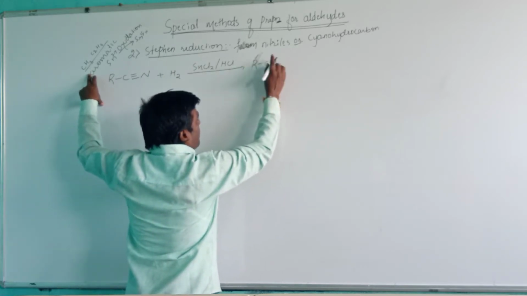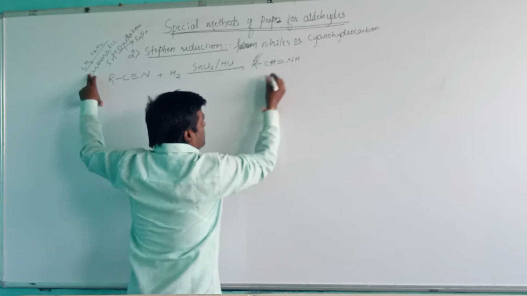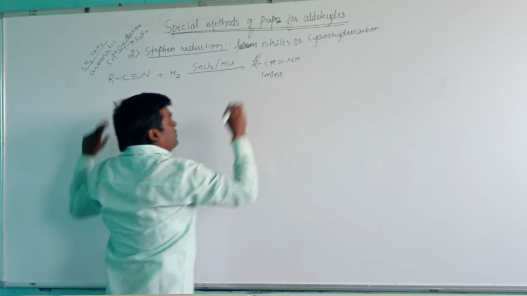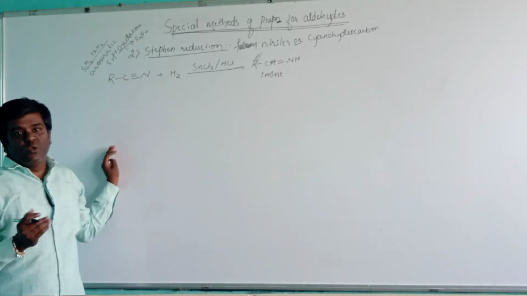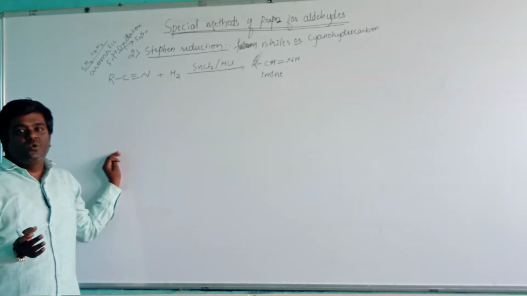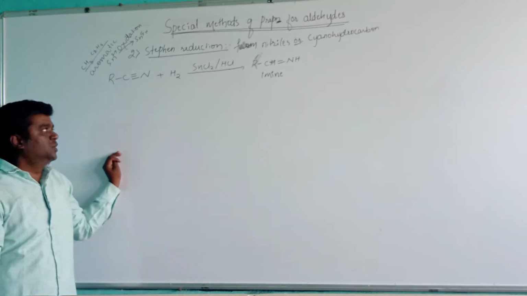That addition compound is known as an imine, which on further acid hydrolysis, that means the hydrolysis carried out in the presence of an acid, is known as acid hydrolysis.